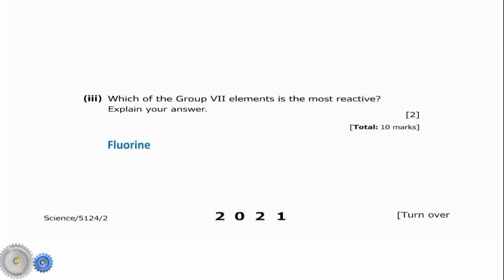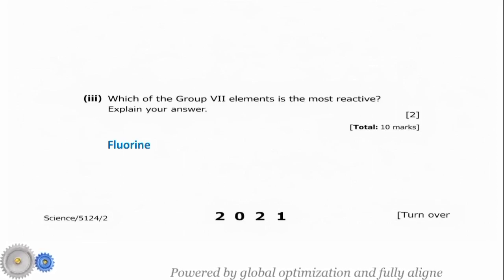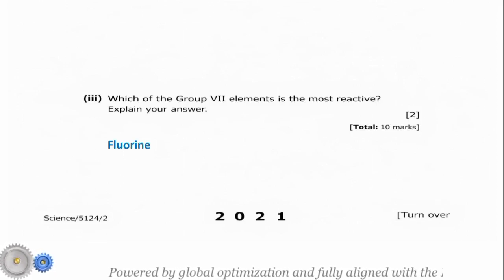So the element is fluorine. Fluorine is the most reactive element because it is on top. It has a small atomic radius and it has high electronegativity. Remember we said electronegativity means atom's ability to attract electrons to itself.